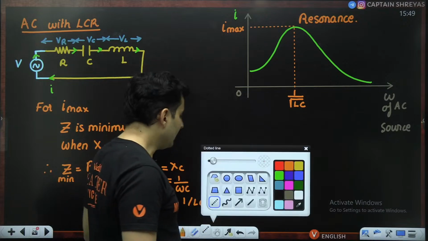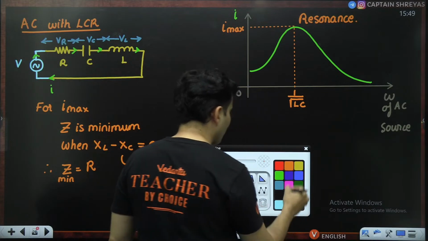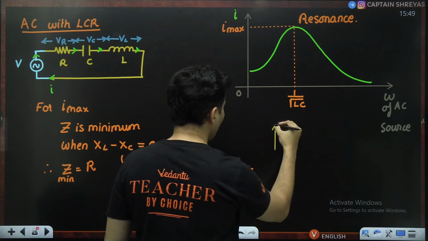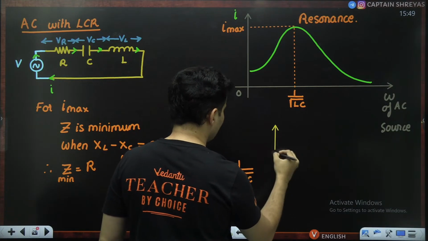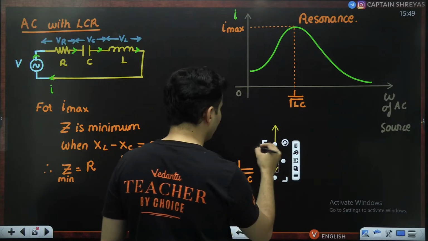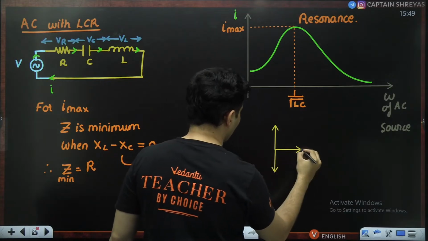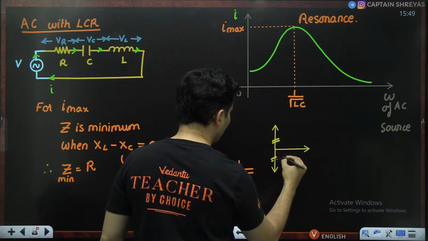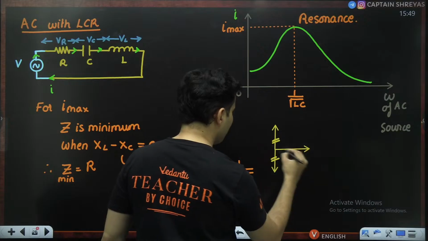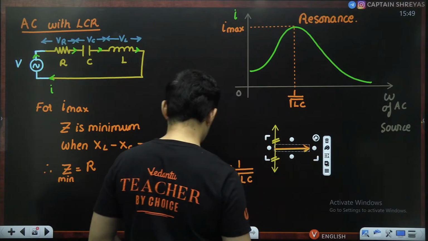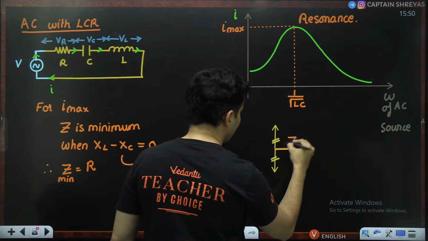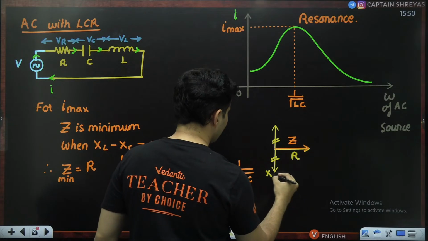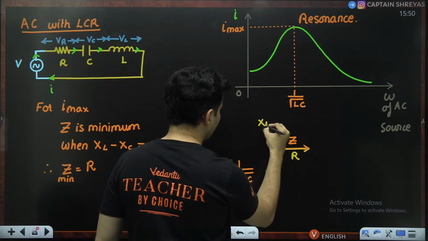And an interesting thing over here is that if you draw the phasor diagram, it will look something like this, because XL and XC are equal. This side will be equal to this side. The impedance will fall onto this. So Z will be here. Resistance will be here. XC is here. XL is here.